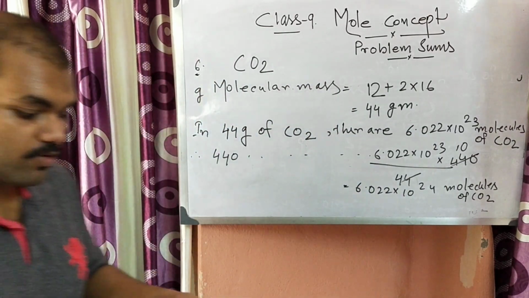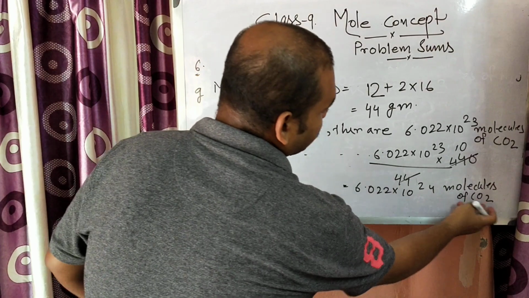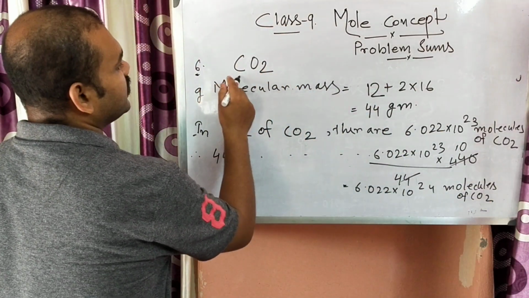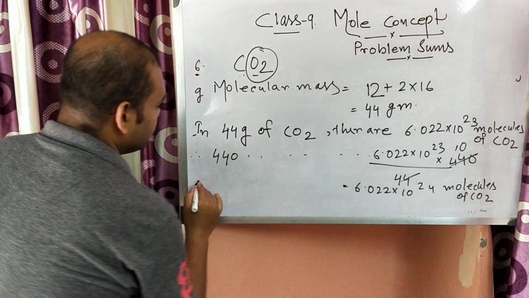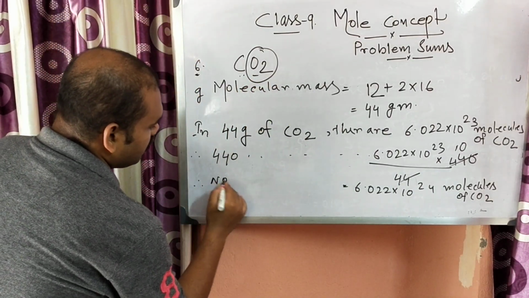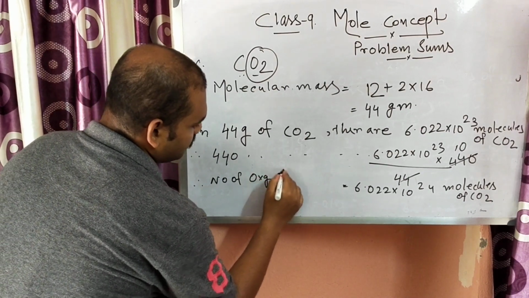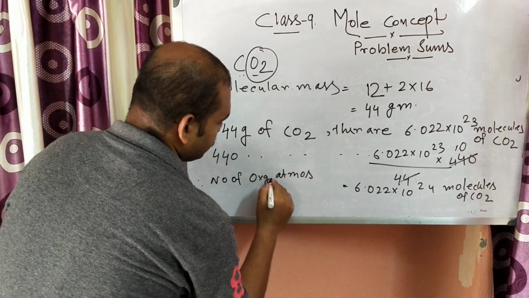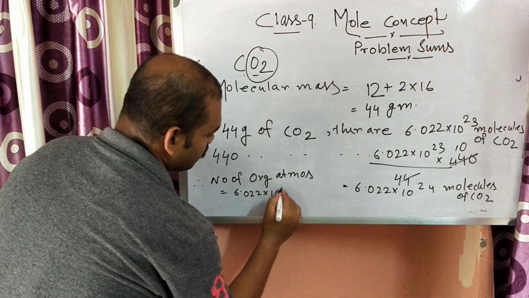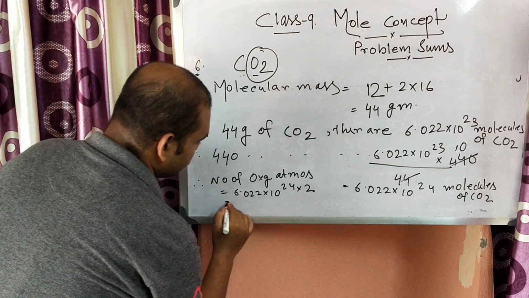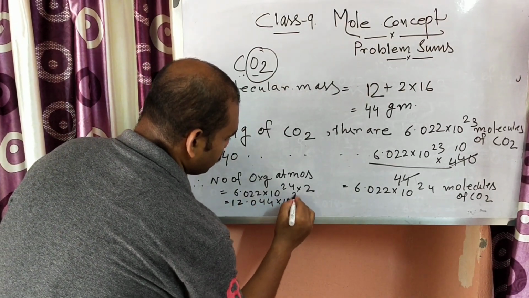Now we need to find out not molecules, but how many atoms of oxygen are there. In one molecule of CO2, how many oxygen atoms? 2 atoms are there. Therefore, number of oxygen atoms is 6.022 into 10 to the power 24 into 2, that is 12.044 into 10 to the power 24.